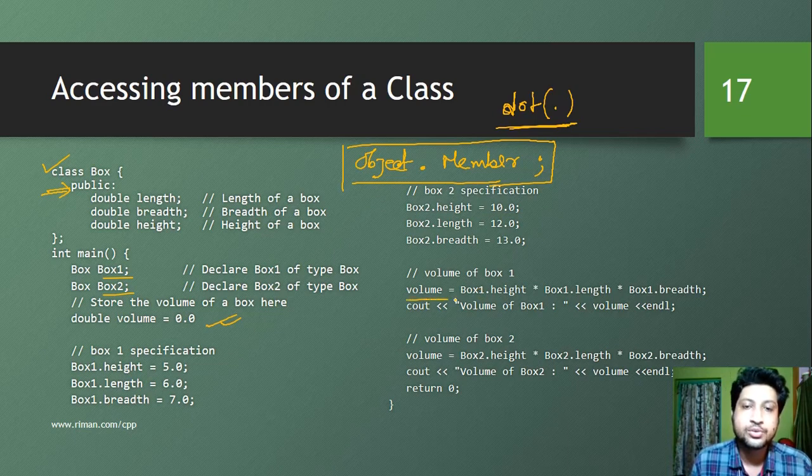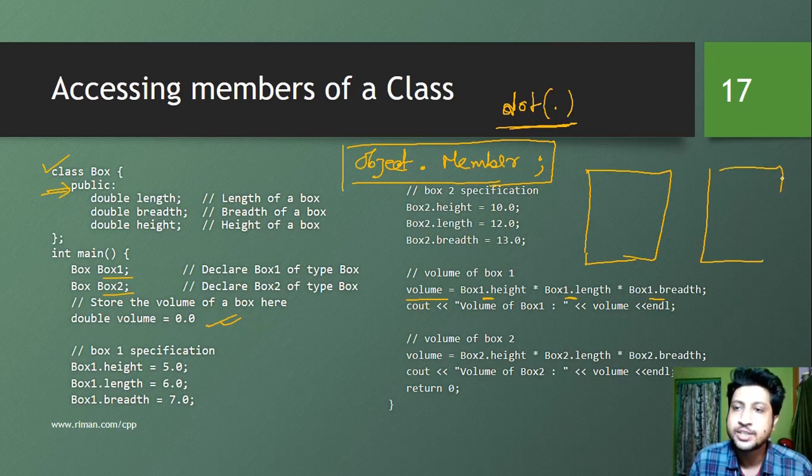What we are trying to do is find the volume. Volume means length multiplied by breadth multiplied by height. To access the height, length, and breadth, we have used these dot operators along with the box 1 object. Whenever you declare these values, what is happening in the memory is that we have two objects now: one is box 1, another one is box 2.